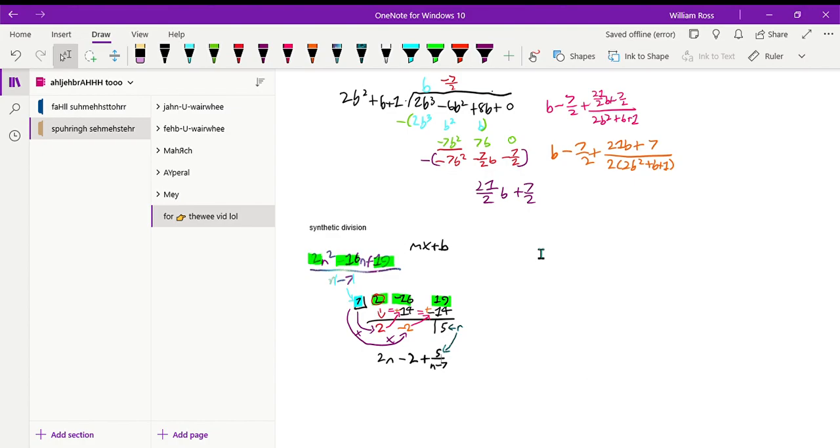Let's see what equation to do. Okay, I think this one will work.